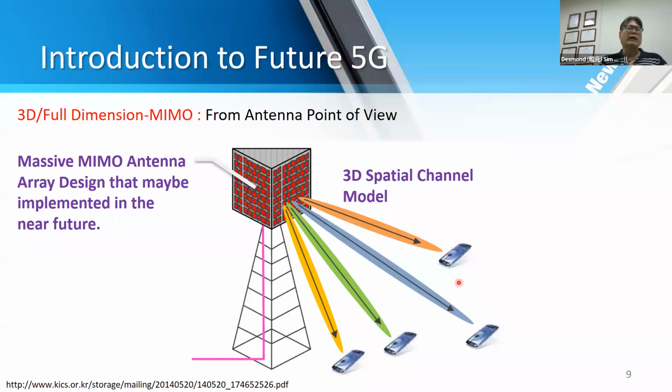But this kind of base station is really difficult to build, because you have to build at least 64 antenna array elements, and in some countries they have already built up to 1024 array elements. The greatest challenge for that is the feeding network itself, because if you are not careful about the feeding network, you will incur a lot of losses.